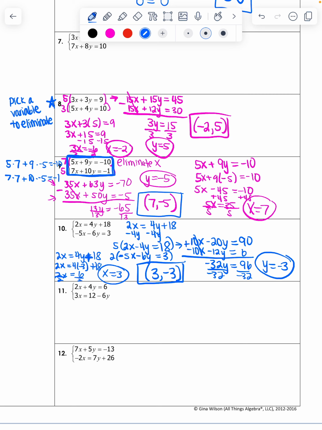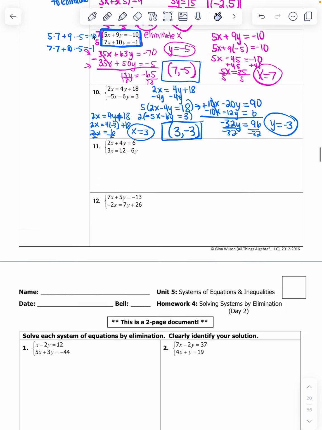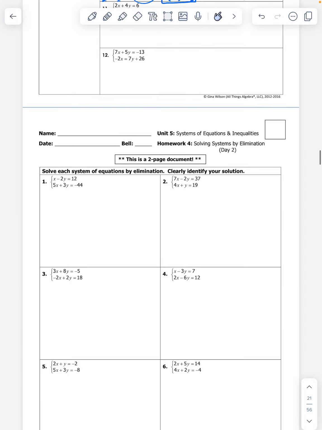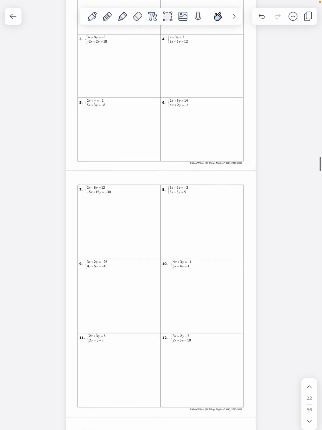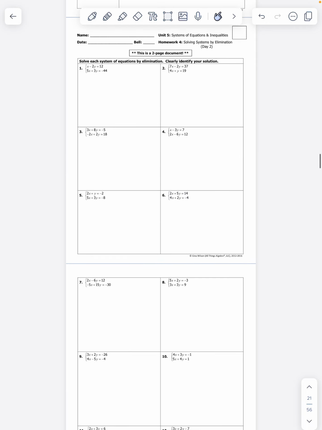So when the equations are not lined up, we need to line them up first before we can actually use elimination. So what I would like you to do is this next page here, homework 4, which was one of the assignments that everybody was able to complete for class. This is perfect because we need to start putting in grades.